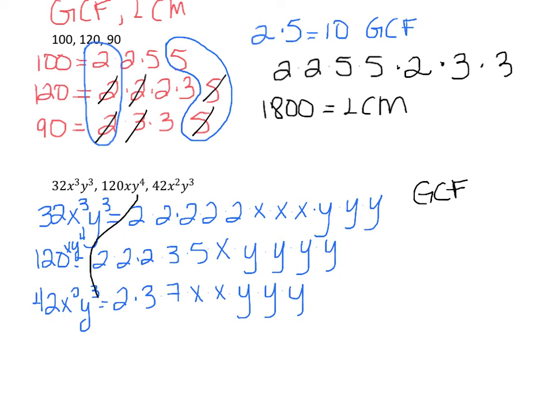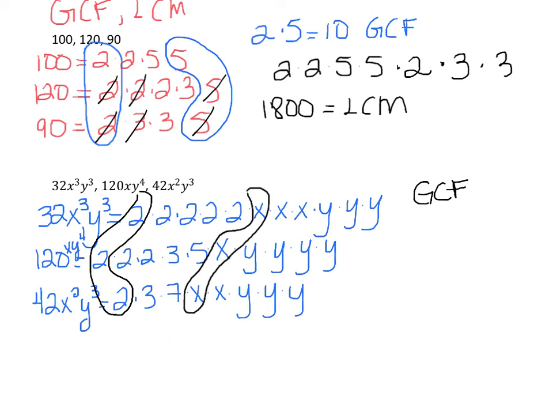So here's a 2. There's another 2 here, but I don't have a second 2. I definitely don't have a third 2 or a fourth 2 or a fifth 2. So I'm done with all my 2's. If I move on to x's, I can see there's an x here.